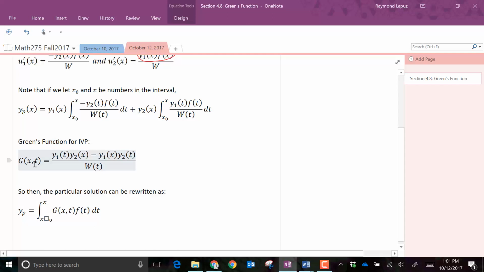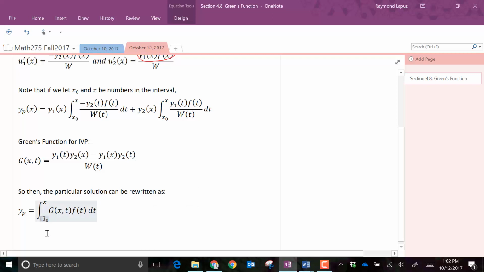Green's function is a function of two variables, x and t. And the t is going to be the dummy variable that we're going to use in the integral. So our integral is going to be an integral of t.